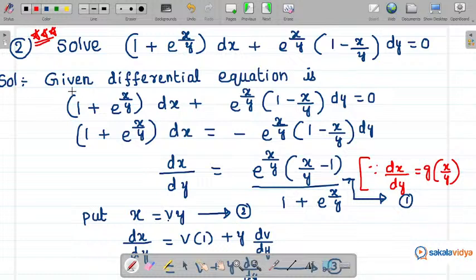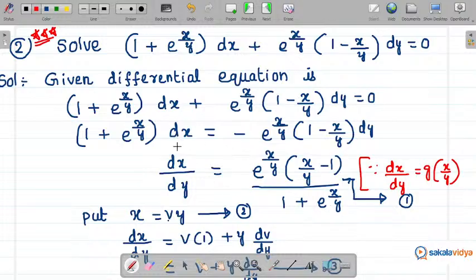Now the given differential equation, first we need to write. Transpose e power x by y into 1 minus x by y dy to the right hand side. That becomes 1 plus e power x by y dx is equal to minus e power x by y into 1 minus x by y dy. So bring dy to this side and 1 plus e power x by y to the other side.